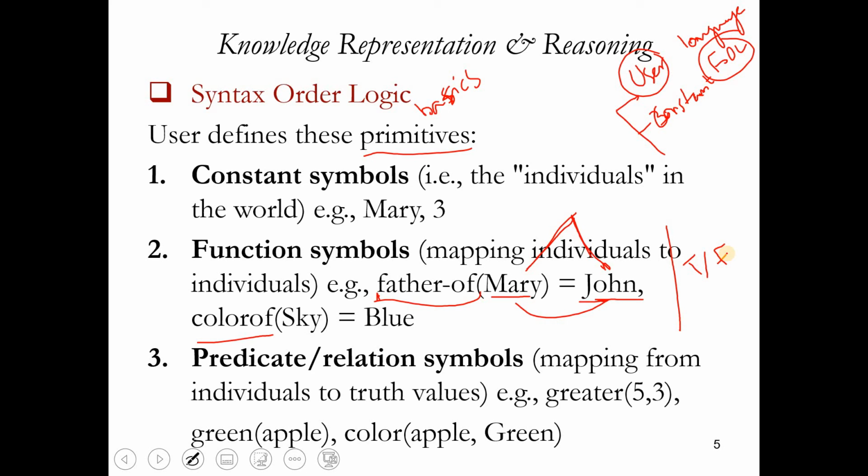Relation symbols, also called predicate symbols, are functions which return a value. So whenever I write, for example, color of apple comma green, it will return true or false. But I can also write it like this: function green and apple, is it true or not?